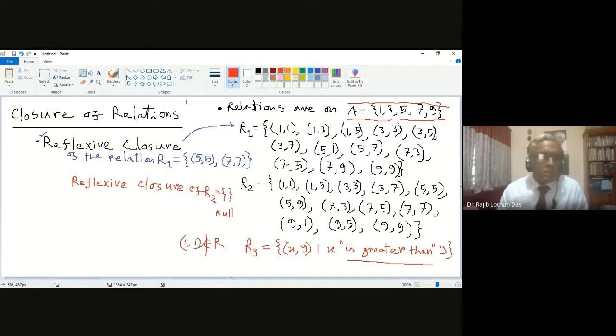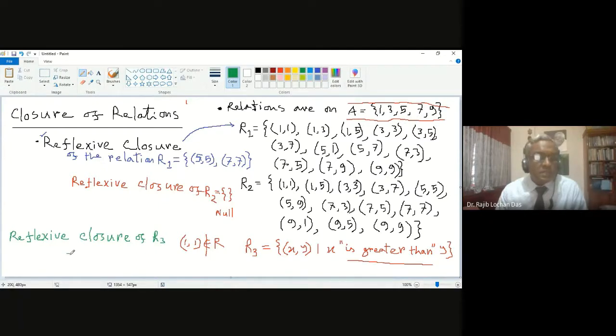Let me write this, then you will understand. In this example, the R3 example, you will write the reflexive closure of R3.